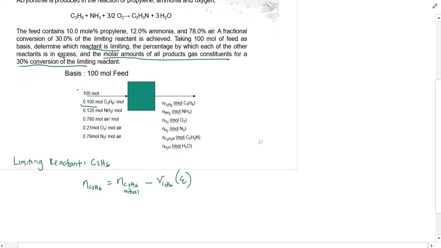So if your fractional conversion is 30%, it means that the balance is 70%.